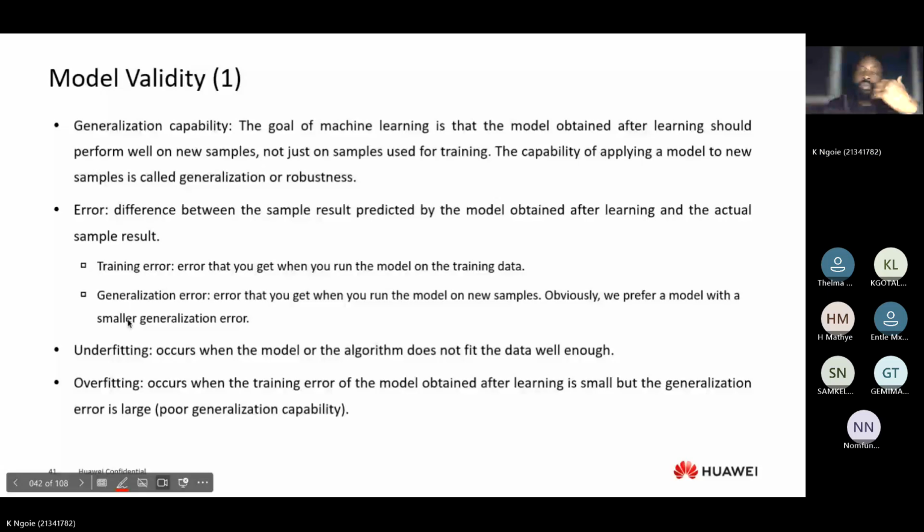Okay. So guys, there are a few things that we need to consider to validate the model. Remember, we first talked about generalization capability. The goal of machine learning is to make sure we obtain a model that is closer to perfection.